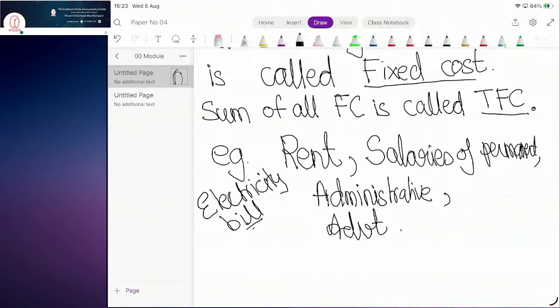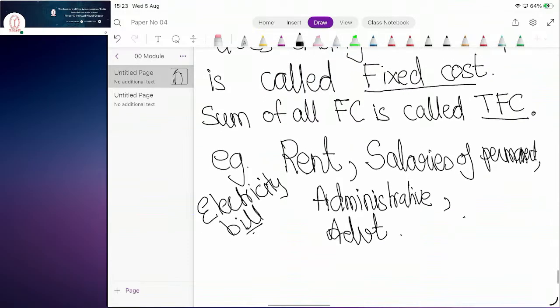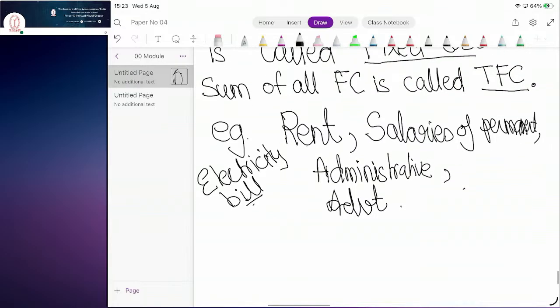Okay, but have you got the idea? Expenditure which does not change with the volume of production is called fixed cost, and the sum of all fixed cost is the TFC, total fixed cost. Okay, write what is TVC, write the full form.